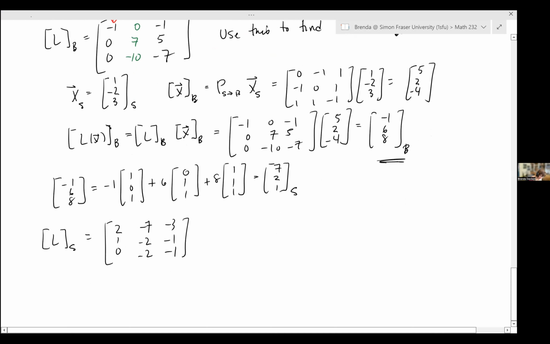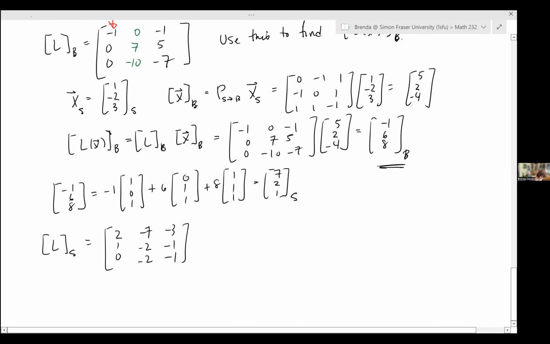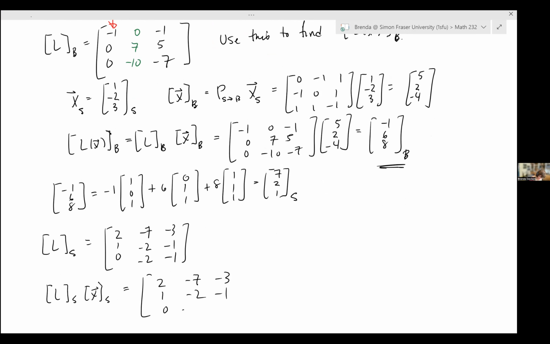Now let me make this calculation, L S times X S: 2, minus 7, minus 3, 1, minus 2, minus 1, 0, minus 2, minus 1, multiplied by the original vector, 1, minus 2, 3. So now I'm doing the same linear transformation, but everything relative to the standard basis vectors. I get this right here.